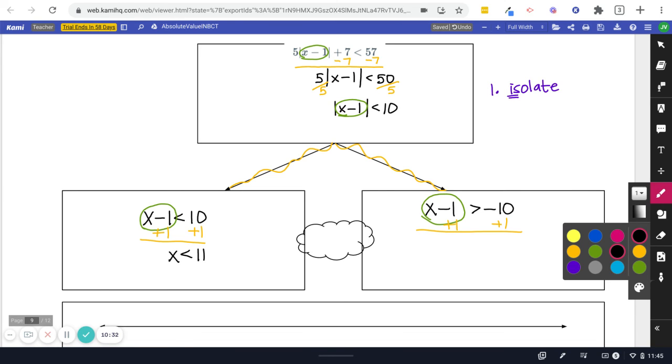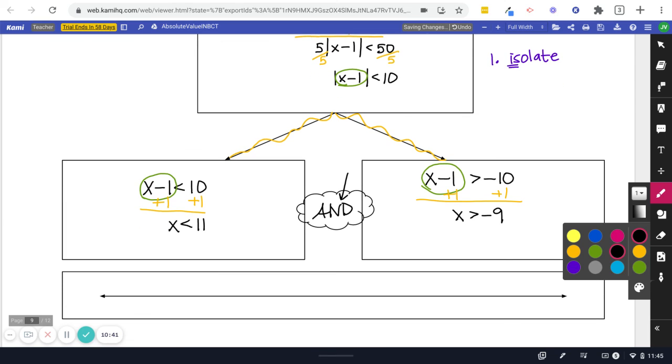X is less than 11, and don't forget your and, x is greater than negative 9. So we isolated it, we split it, or unlocked it, as you've heard me say a couple times. We solved it, and now we're going to talk about the graph.